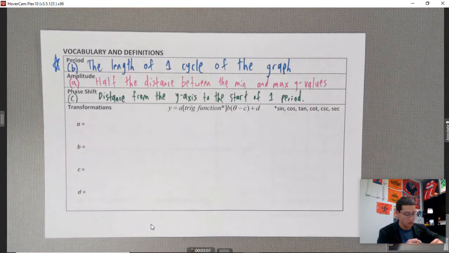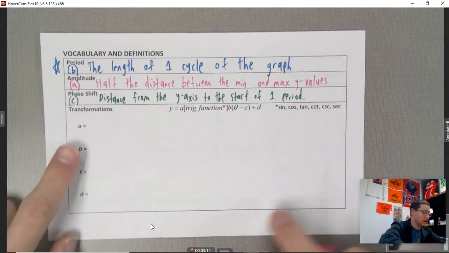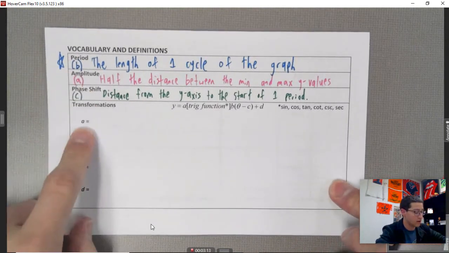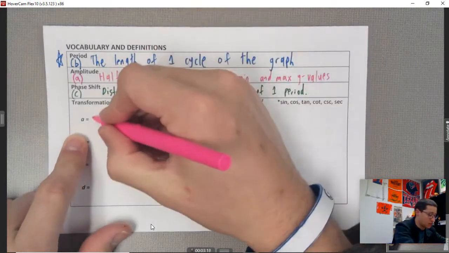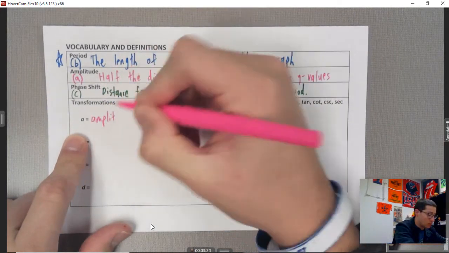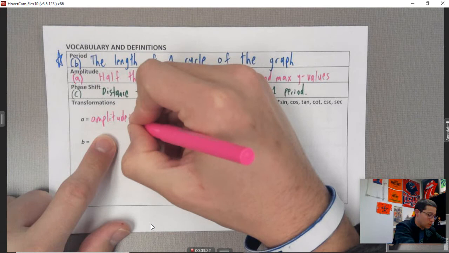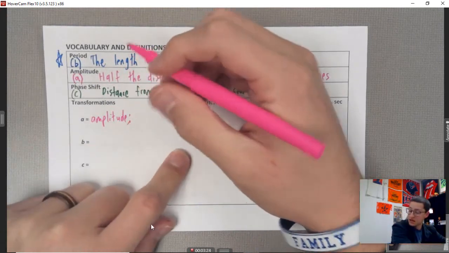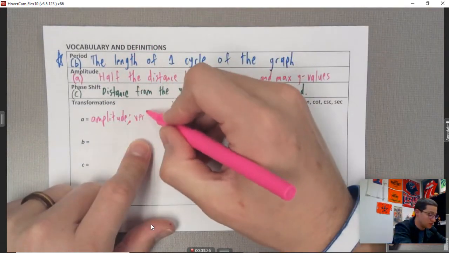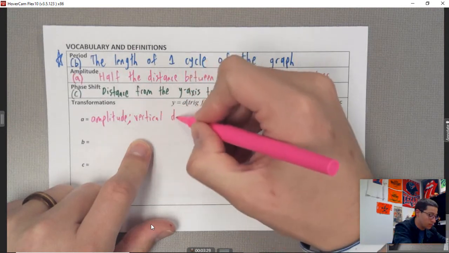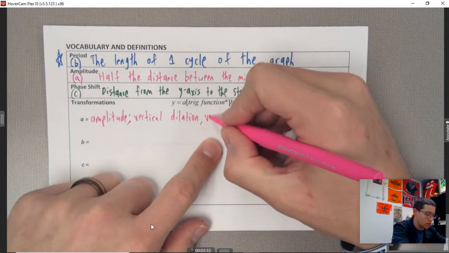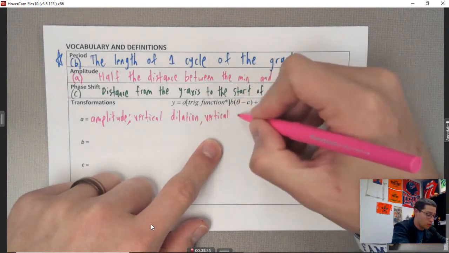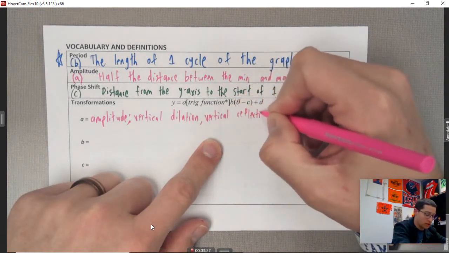Okay, cool. Let's go ahead and dig deeper into this. So A, that's your A value, your amplitude. This is going to represent, again, your amplitude, and what it represents is a vertical dilation or vertical reflection.